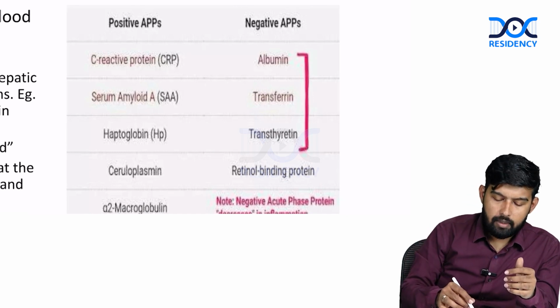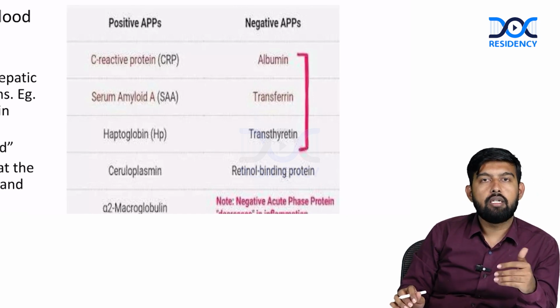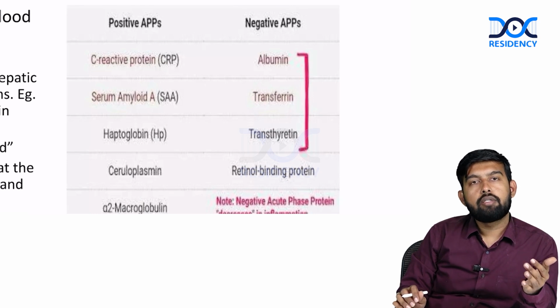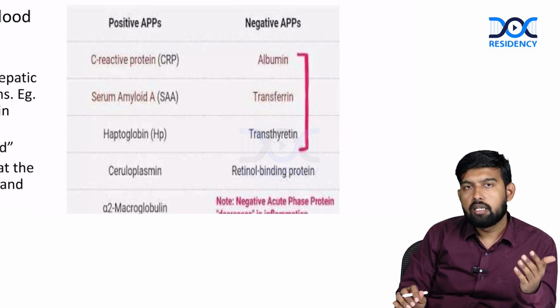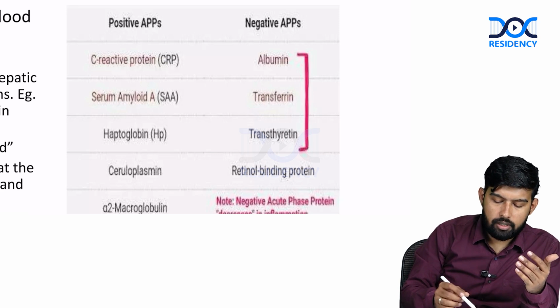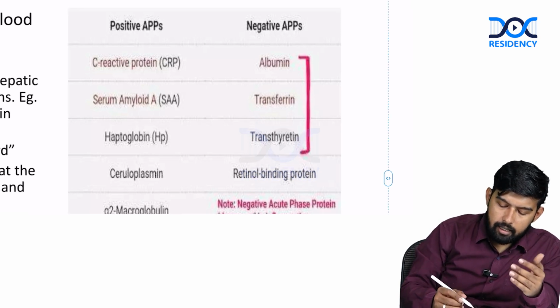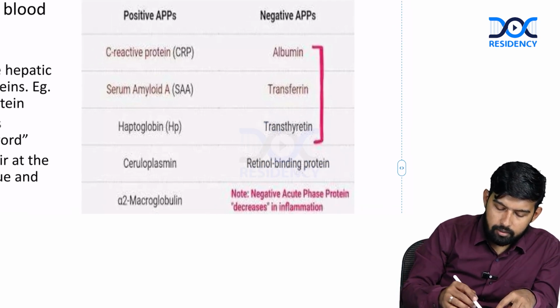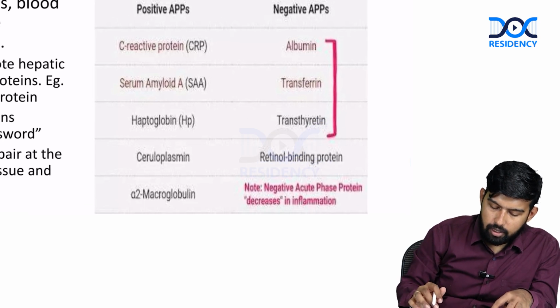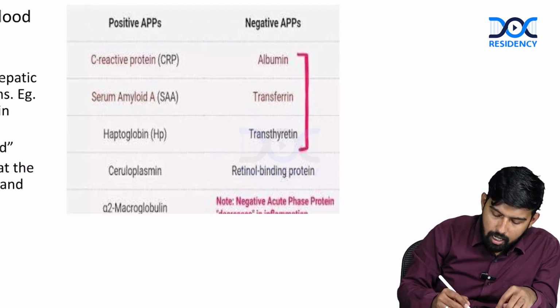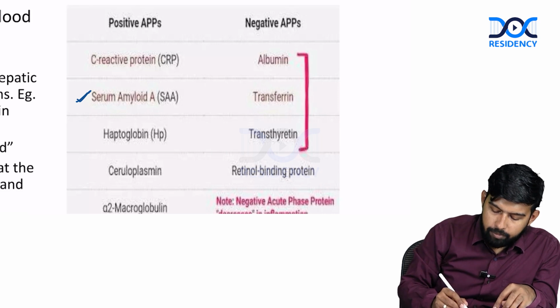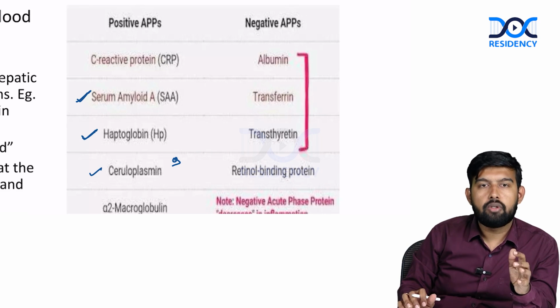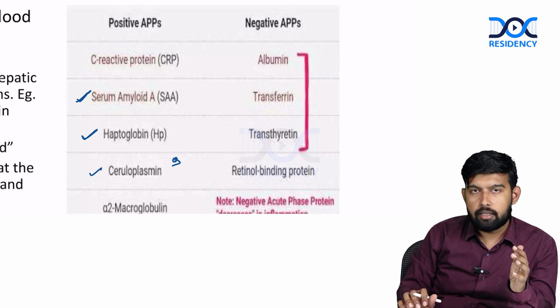Remember that the acute phase proteins which increase after trauma, surgery, injury or inflammation are the positive acute phase reactants, like C reactive protein, serum amyloid, haptoglobin, and ceruloplasmin. These are the positive acute phase reactant proteins.